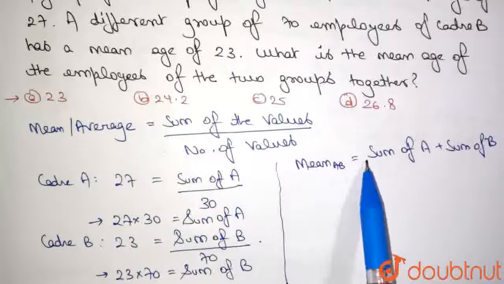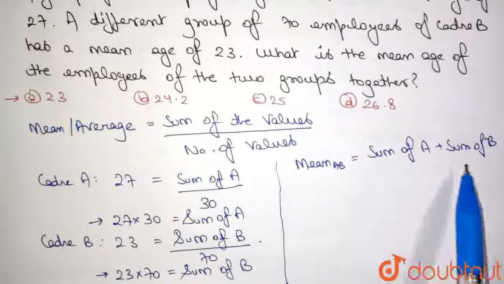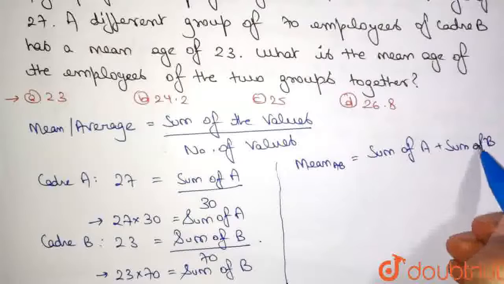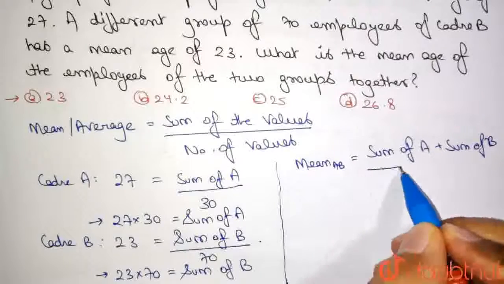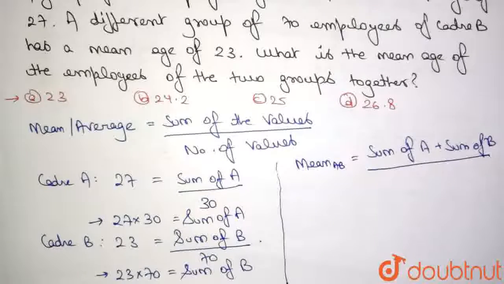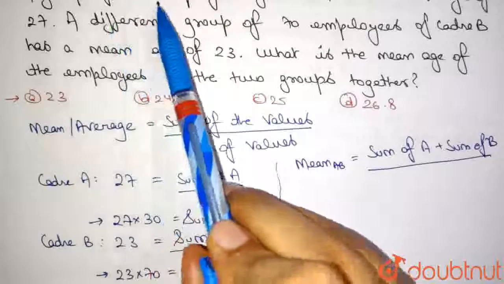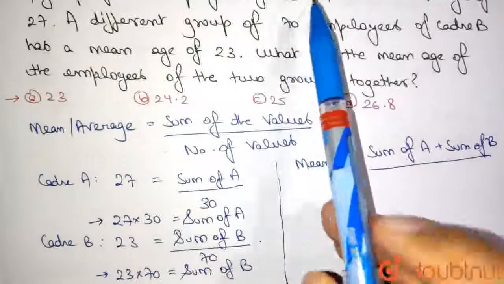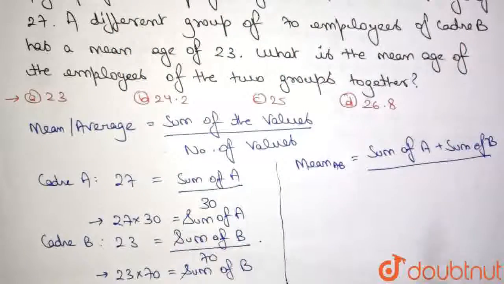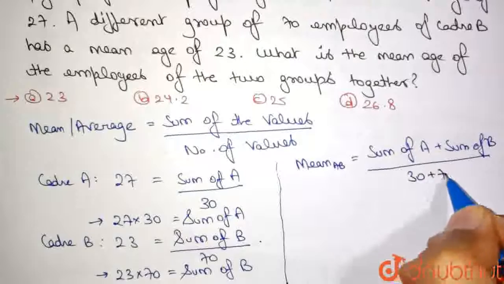So the sum is total of A and B, that is sum of A plus sum of B, and it is going to be divided by the number of total values. What is the total number of values? Here it says group of 30 employees of Cadre A, 70 employees of Cadre B. So it's going to be 30 plus 70.